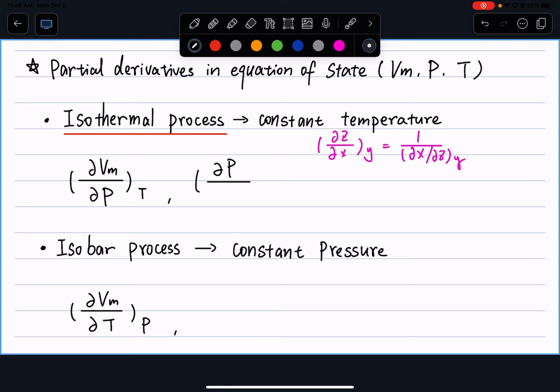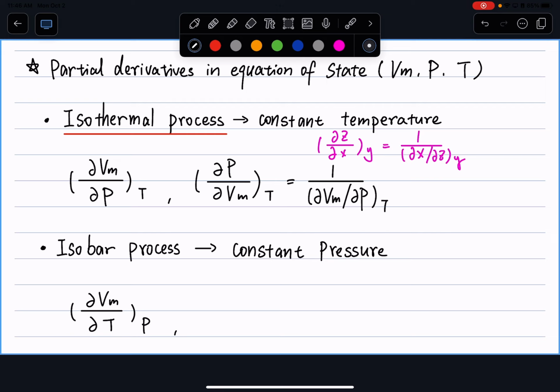Your partial derivative of pressure over molar volume at constant T equals 1 over the partial derivative of Vm over P at constant T. Right, so just moving terms around using basic calculus.